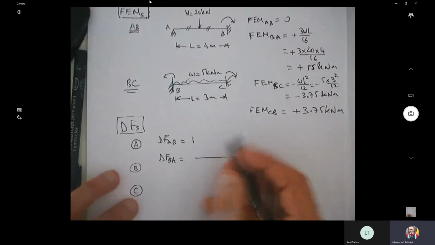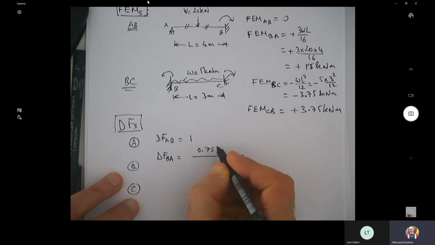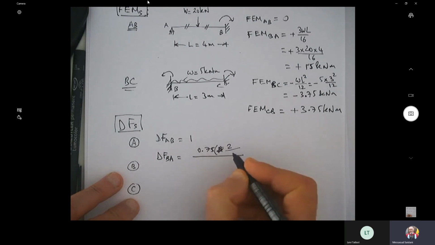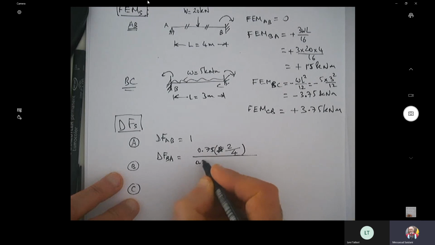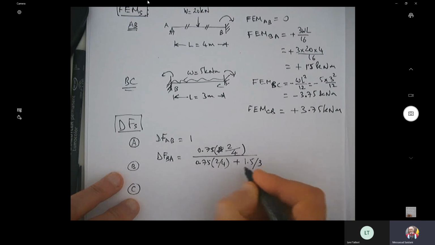That's the stiffness of BA, so 0.75 times 2EI over, what's the length? 4. Yeah, divided by 0.75 times 2EI over 4, plus 1.5EI over 3.